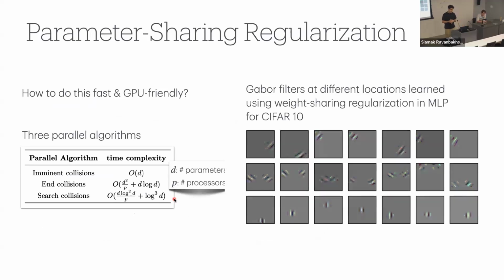So what you see here are Gabor-like filters that you learn if you use this kind of weight sharing regularization in an MLP. You see these filters are also being moved around, but they're not exactly identical, which might reflect the fact that the symmetries are not really exact in this data set.